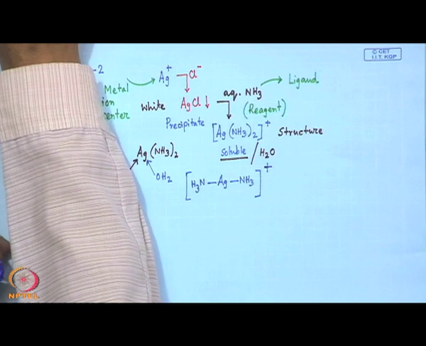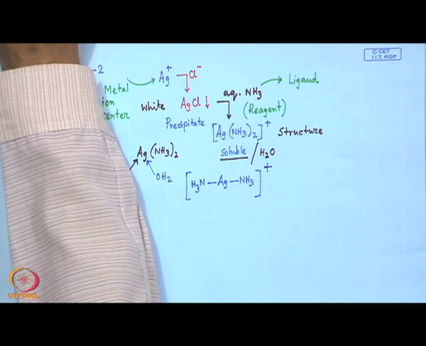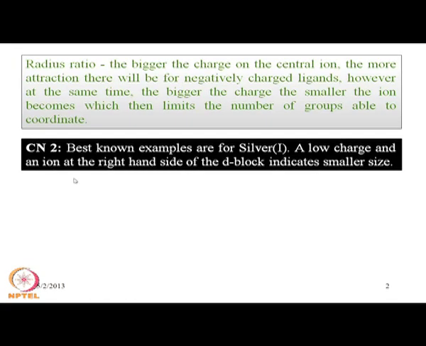So, this is the well known example for silver 1, and it has a low charge, and an ion at the right hand side of the d block indicates smaller size. So, silver, copper 1, silver 1, gold 1 as well as zinc, cadmium and mercury also.